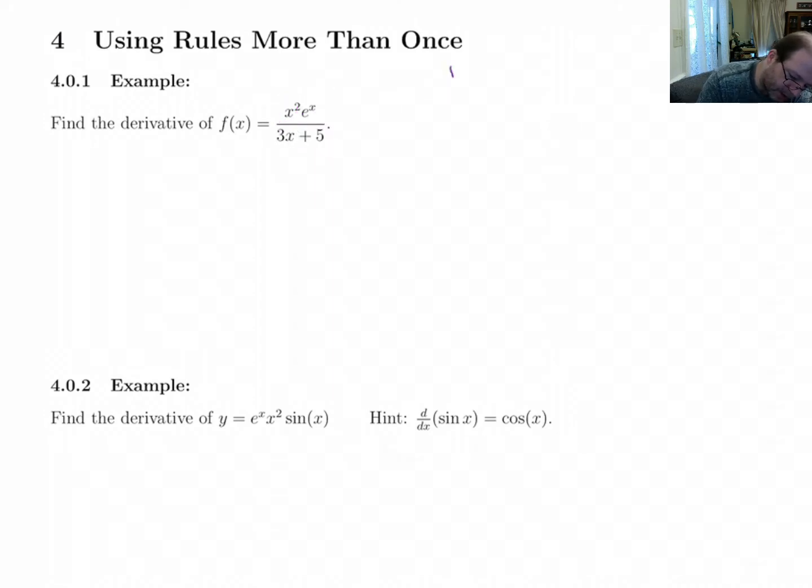So let's see, plug in, multiply, then divide. This is the opposite order in which we're going to do the derivative. We have to deal with the quotient first, and then we'll deal with what's inside.